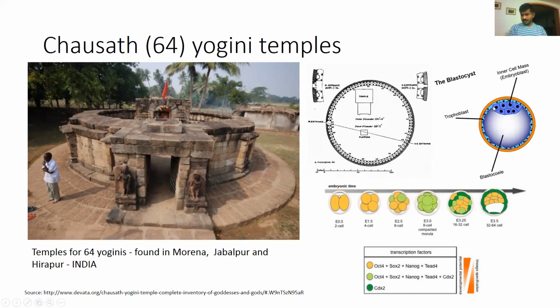The inner cell mass, or the baby part, is aligned on one side, and there is huge space. And here I have given the structure or the architecture of the Yogini temples. It is the way how they are constructed, and the temple is here.